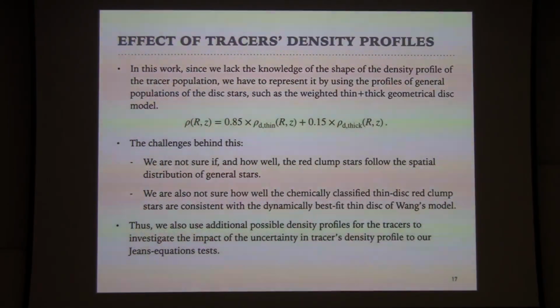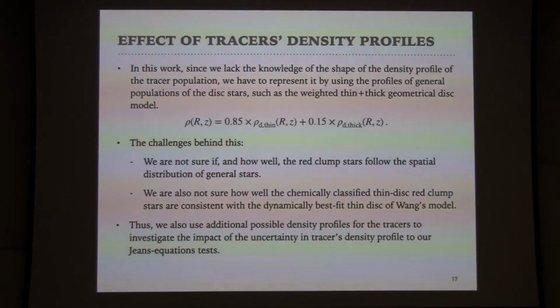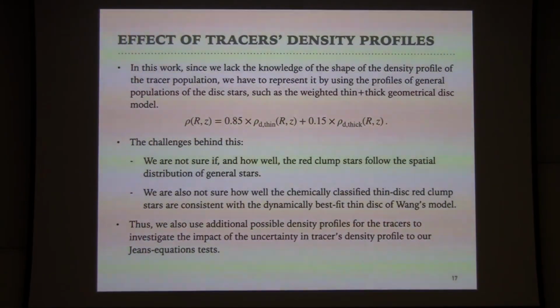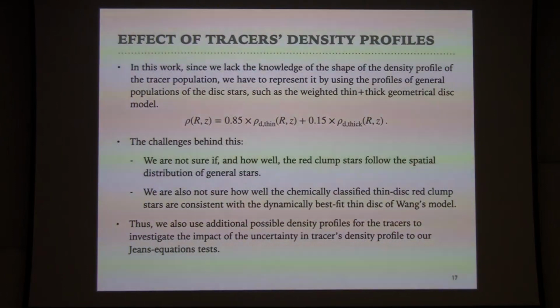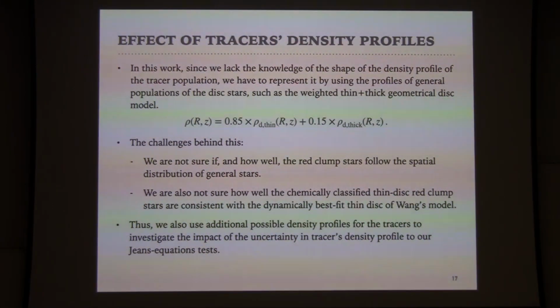As stated above, the major challenge of this work is that we lack knowledge of the shape of the density profile of the tracer population, and we have to represent it by using the profiles of the general population in the galactic disk, such as the weighted geometrical thin plus thick disk model. However, this approach presents some challenges.